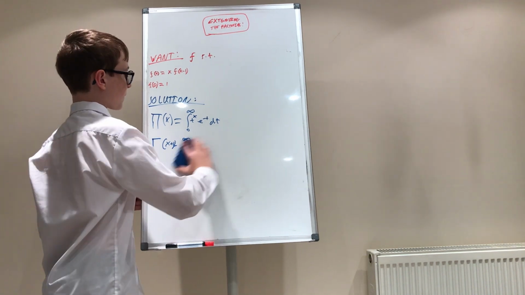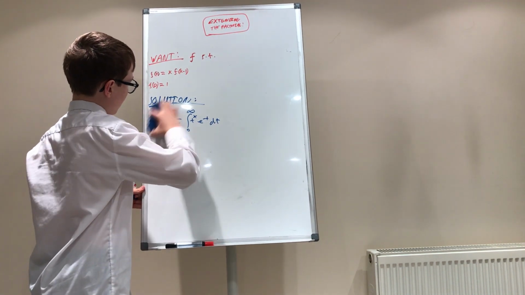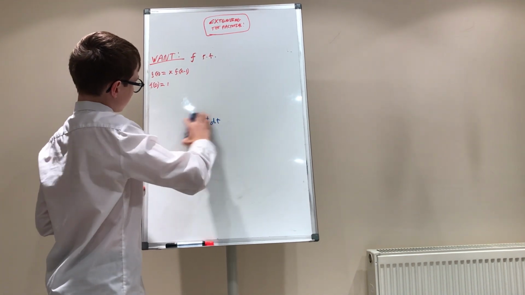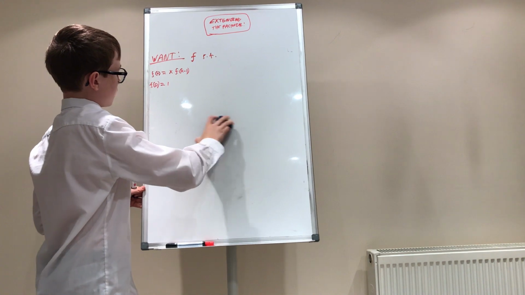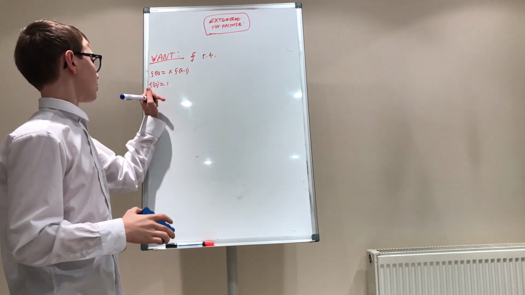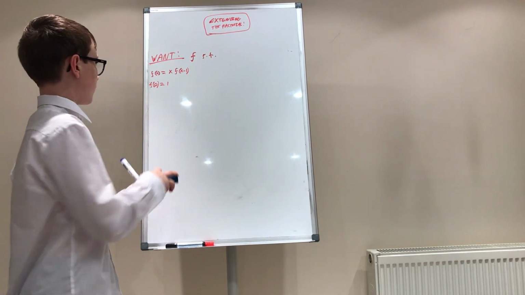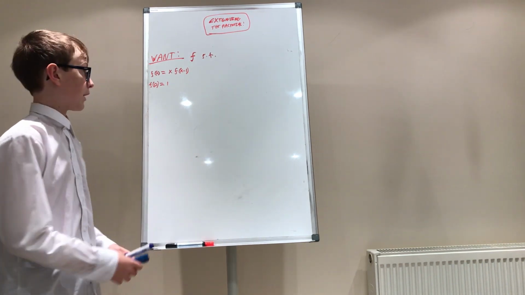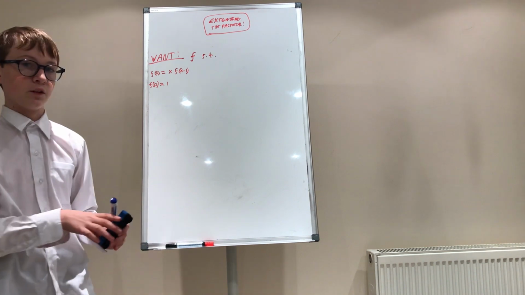Okay, so now we're just going to check that the initial value f of 0 is 1. As an exercise you can check different values, and also you can check that this is true.